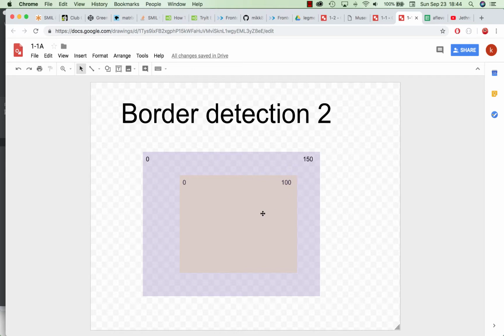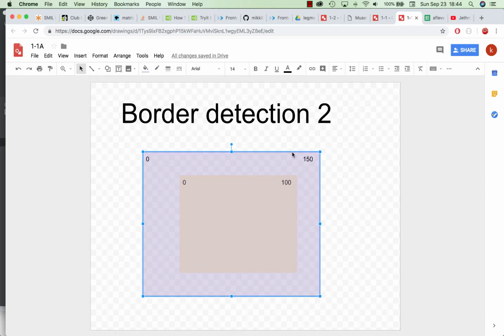The container, the yellow one, left is 0, width 100, nice and round so that it makes it easier for us to guess how the numbers are working together. The element, 1.5 times bigger than the container, left is 0 and width is 150.